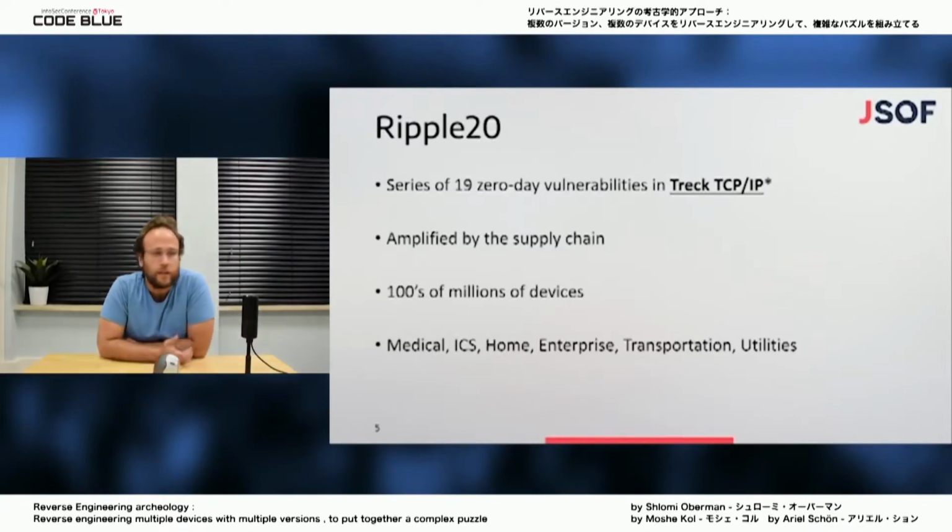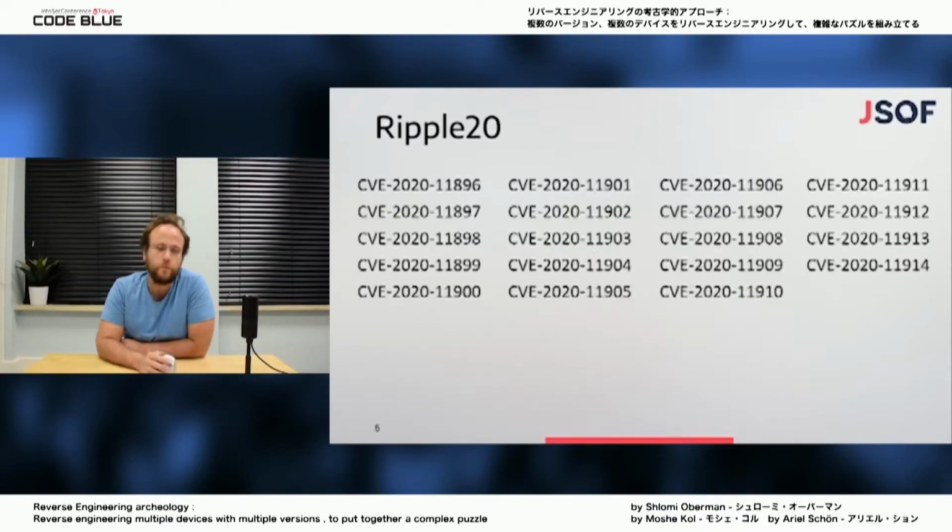The fact that Treck had so many clients and sold software for so many years, and the fact that their clients had more clients and more clients, led to the fact that the vulnerabilities were amplified by the supply chain, reaching hundreds of millions of devices in a whole range of verticals. In total, there are probably billions of devices containing the Treck TCP/IP stack, but our estimation is hundreds of millions of devices are actually vulnerable with active code and vulnerabilities.